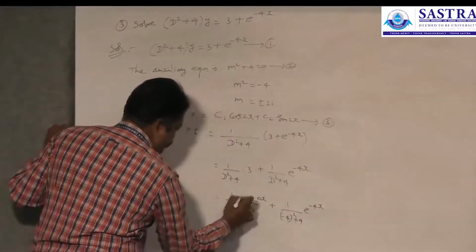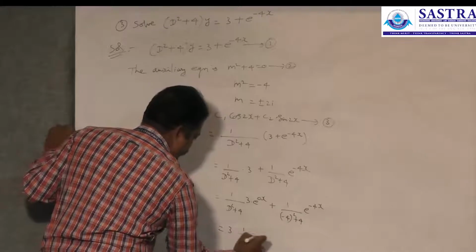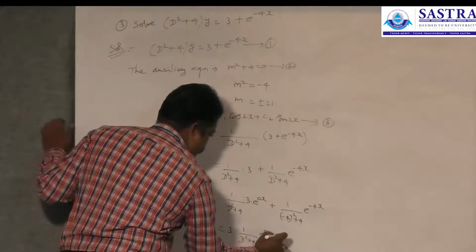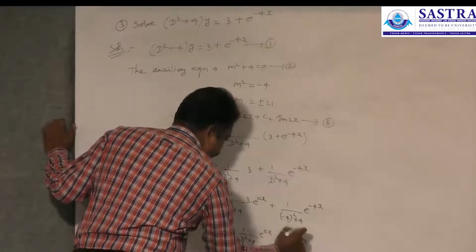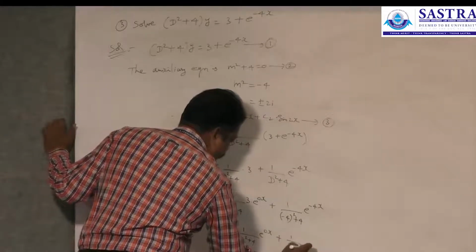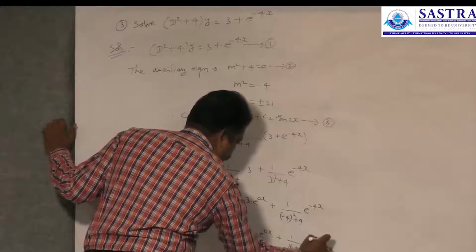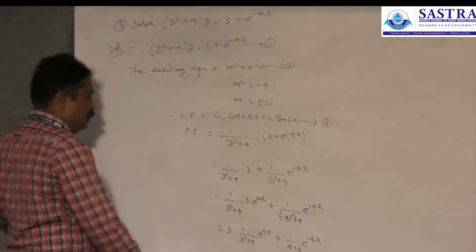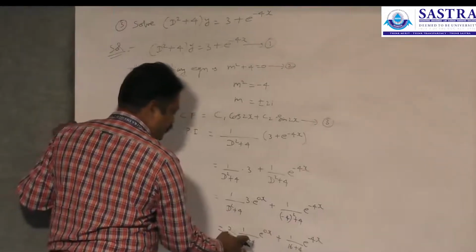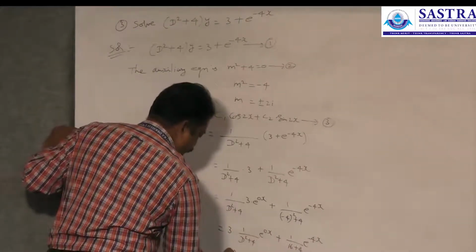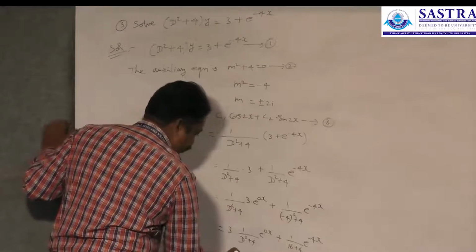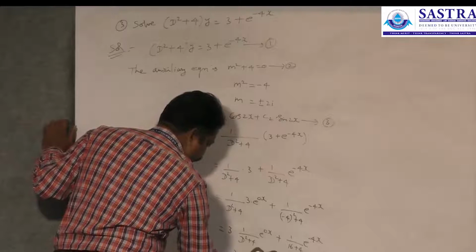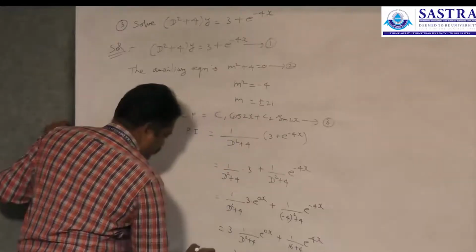Here 3 can be taken out: 1 divided by D square plus 4, e power 0x, plus 1 divided by 16 plus 4, e power minus 4x. If you put D is equal to 0, we get 4. So 3 by 4, e power 0x is 1, plus 1 by 20 e power minus 4x. This is the particular integral.